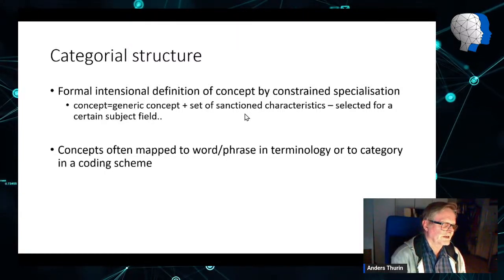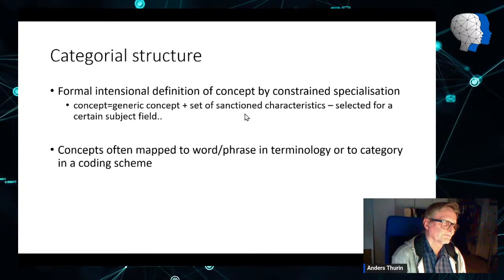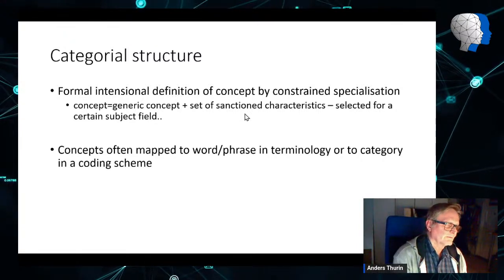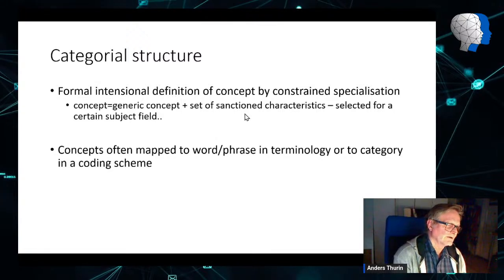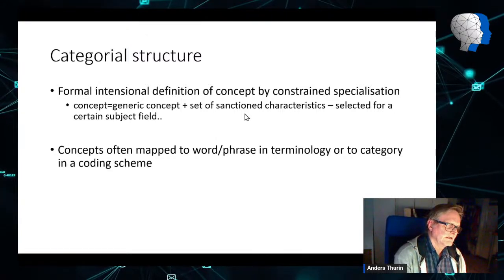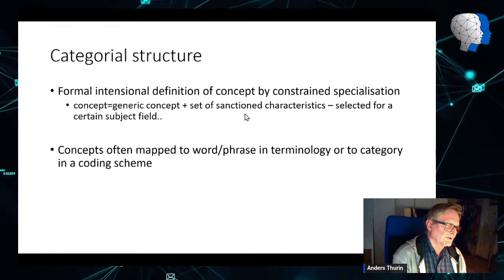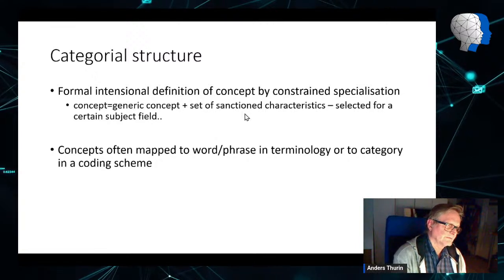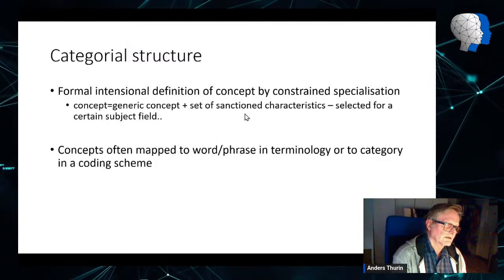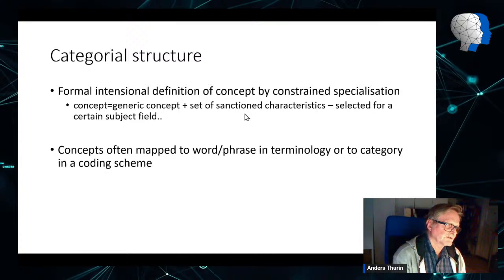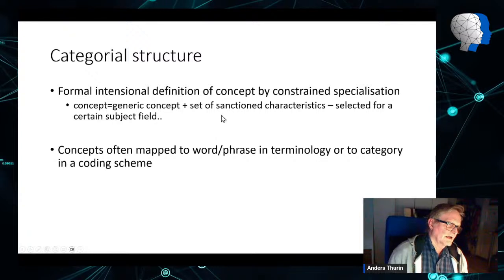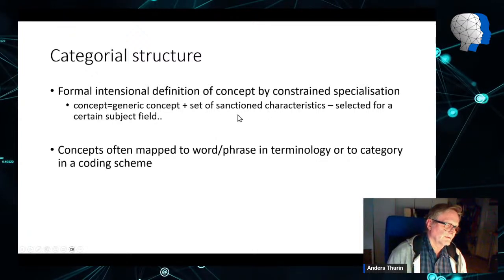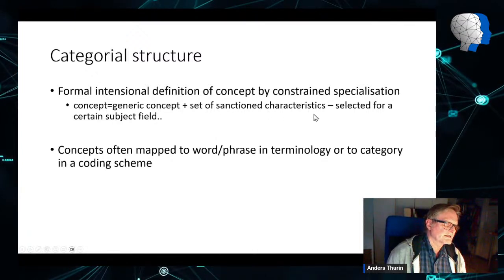Take bacterial pulmonary infection: it is a growth of bacteria located in the lung, so it's a type of lung disease and a type of infection at the same time, and has both these sets of characteristics.